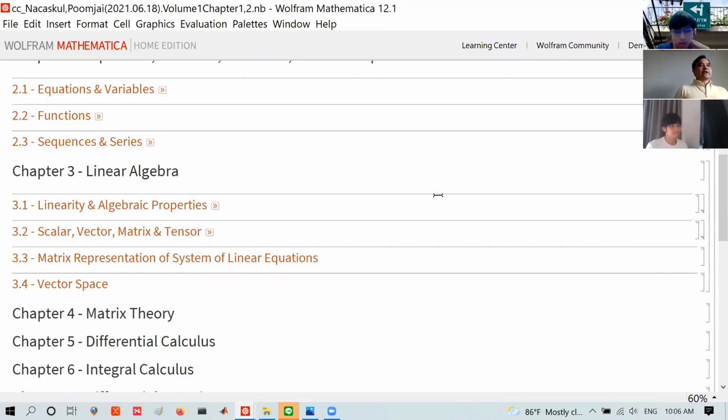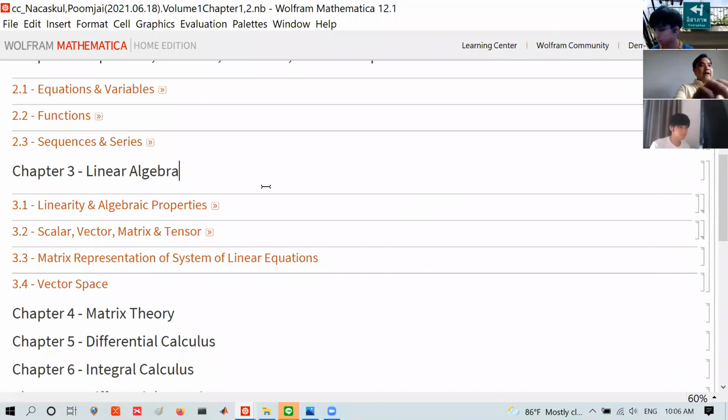I haven't told you what the algebraic means, but basically we were doing a little bit of matrix multiplication. We had this here.